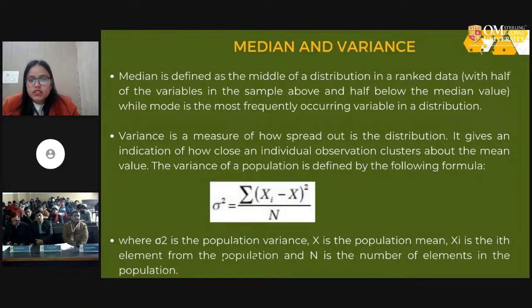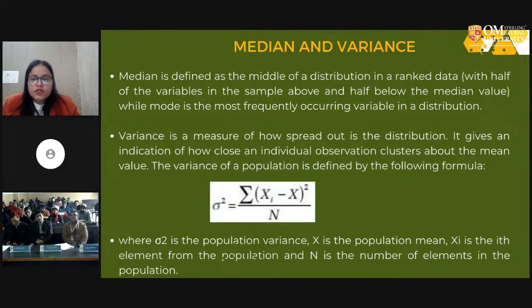Then we have the concept of variance. This concept is also important because we want to know how dispersed or spread out our distribution is when we are drawing a normal distribution curve, and how closely an individual observation is clustering near a particular mean value.